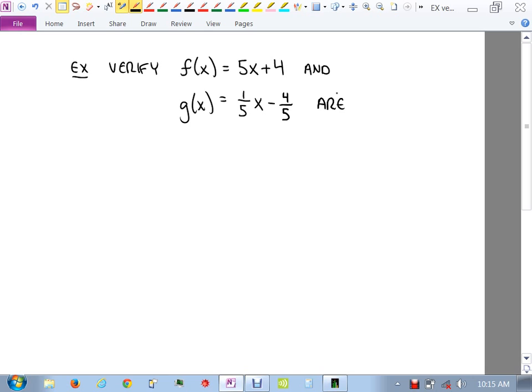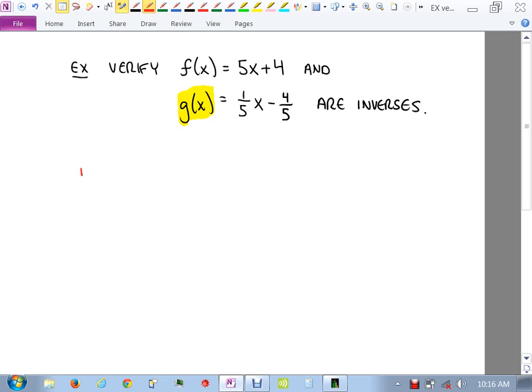Are these inverses? Now I'm calling it g instead of f inverse. We had determined earlier that that's what the inverse was, right? But now I want to prove that they are inverses. I want to verify it. So I've got to do fog and Goff.